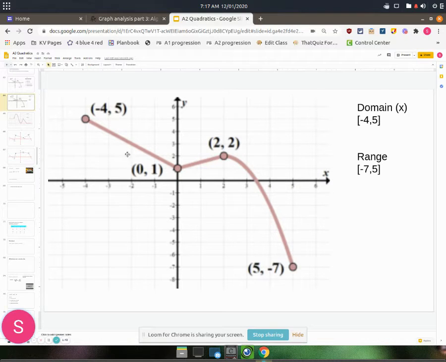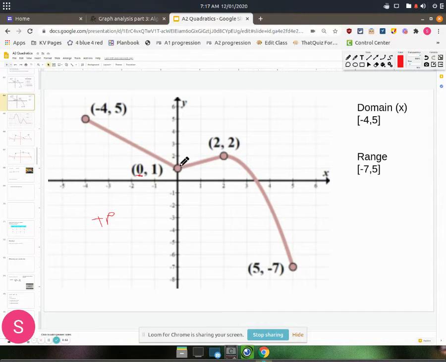Now, I want you to go ahead and take a second and try to identify how many turning points this thing has, and what are the turning points. Okay, so go ahead and think about that for just a moment. Okay, so as far as turning points go, remember those are the x values where it changes direction. So right here, it's going from down to up.